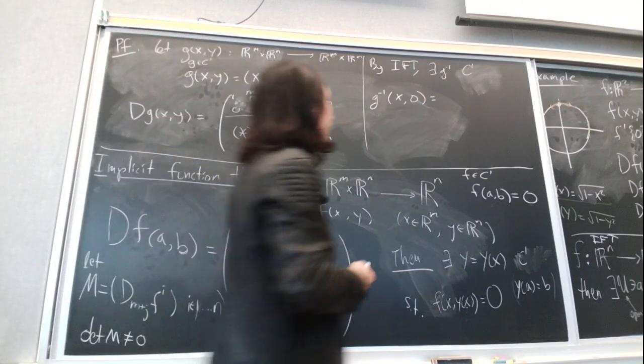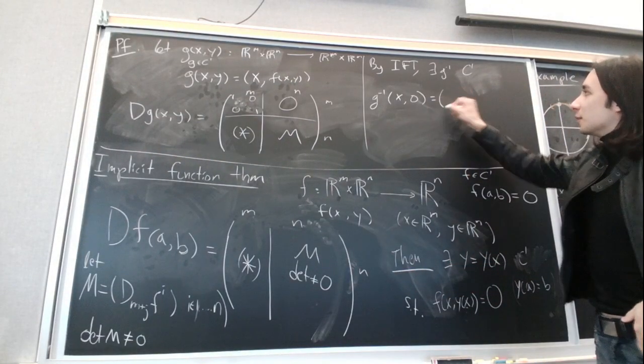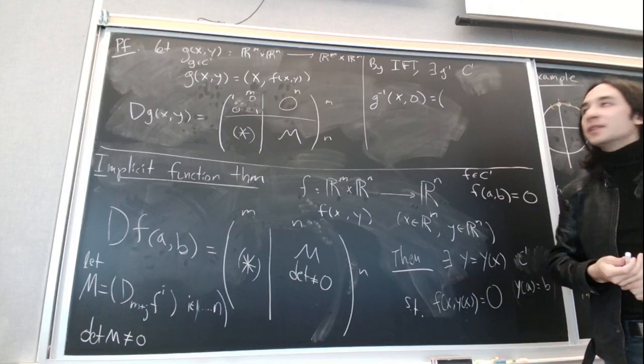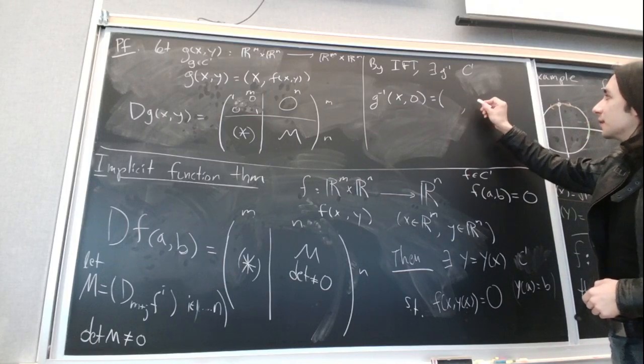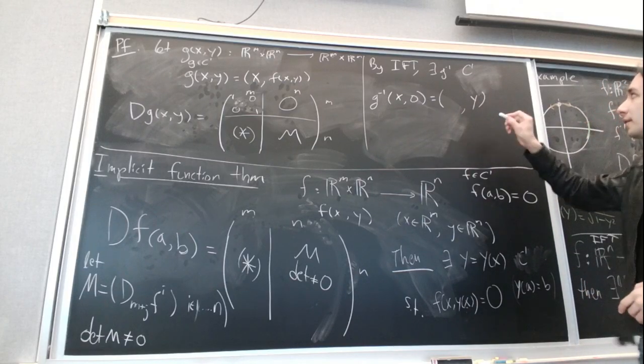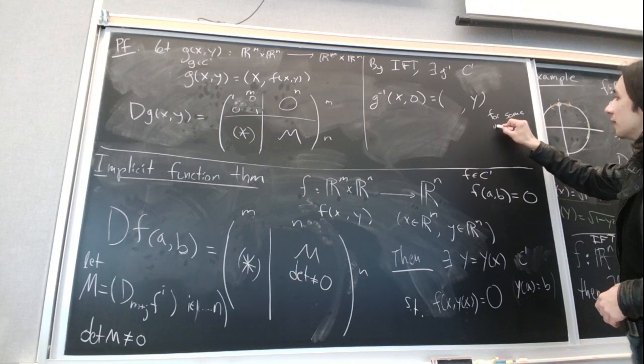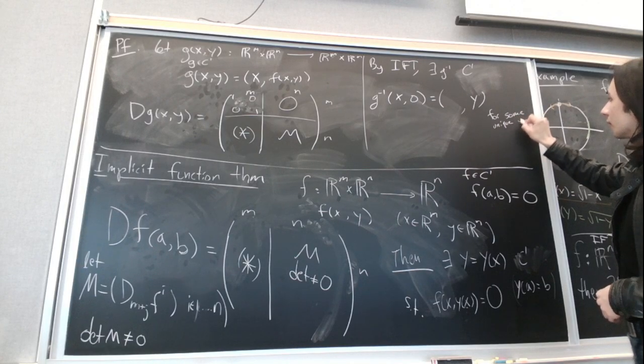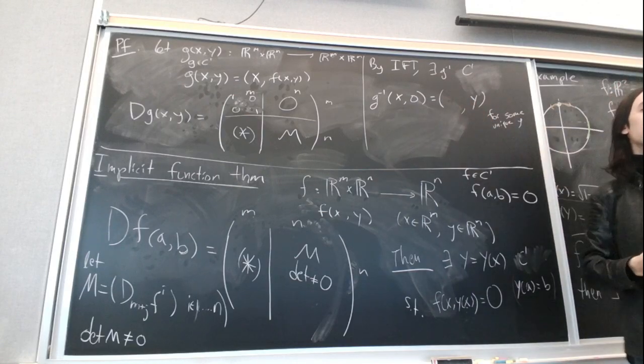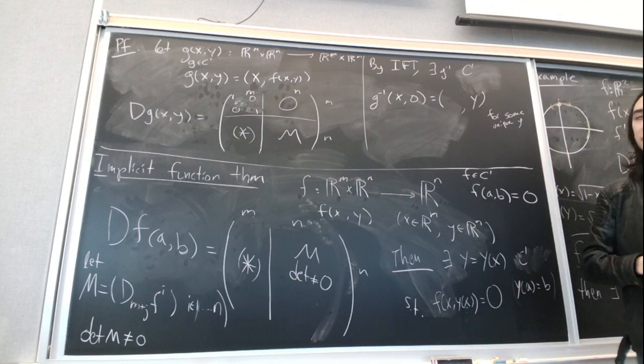Okay, nothing specific, right? The inverse function theorem doesn't tell us that much. There's going to be some unique y. But what goes here is my point, just based on the definition of g of x, y.